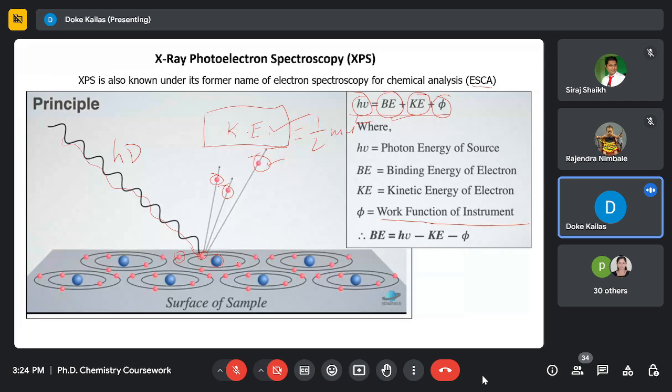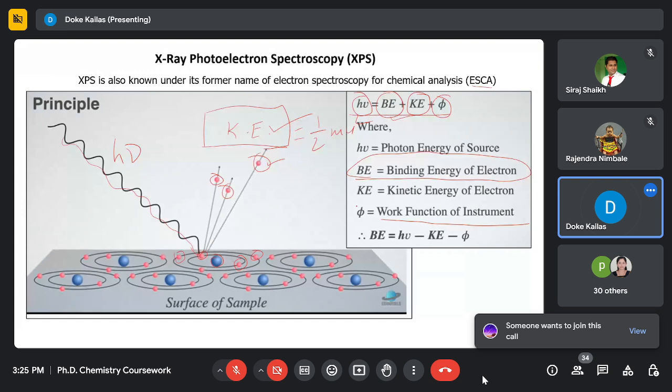But before that, there is one more mathematical equation written over here. That is a rearranged equation. We are concerned with the binding energy because we are talking about the surface properties of the material. So we must know the binding energy.